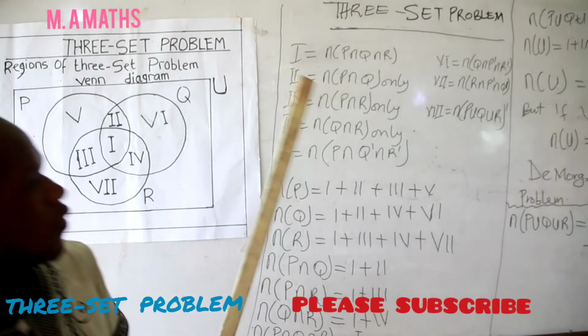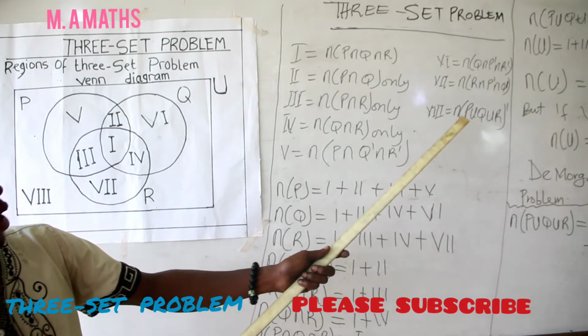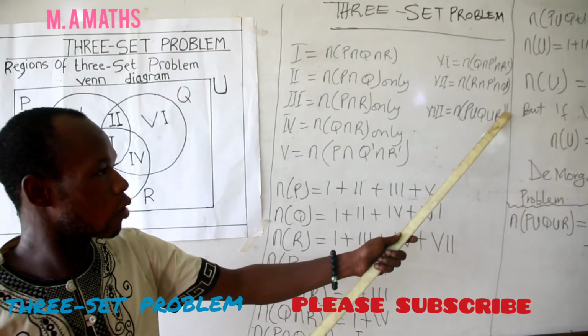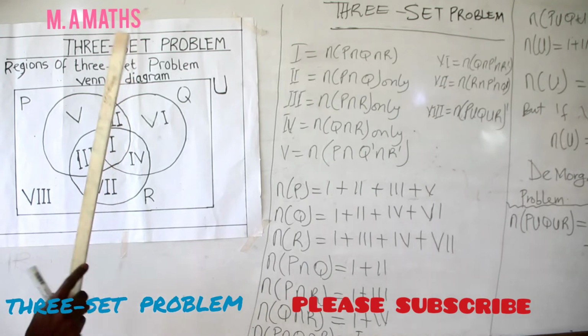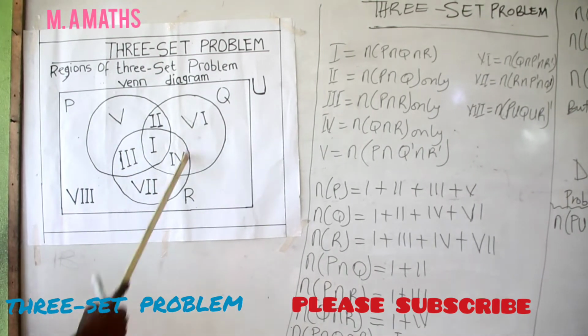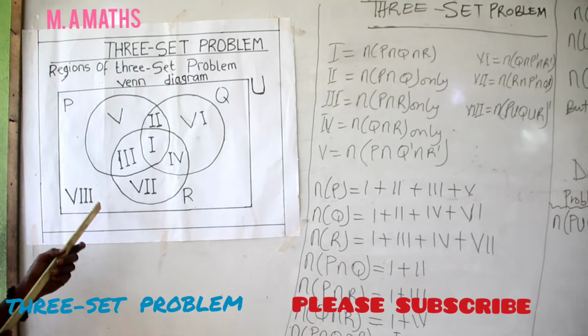And we have region 8, which represents P union Q union R, all complement. All complement means elements that are found inside the universal set but are not in any of P, Q, and R.